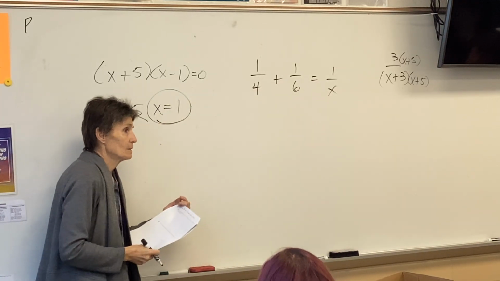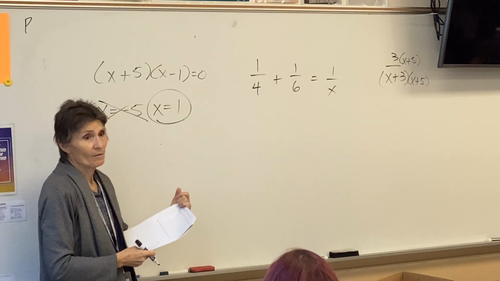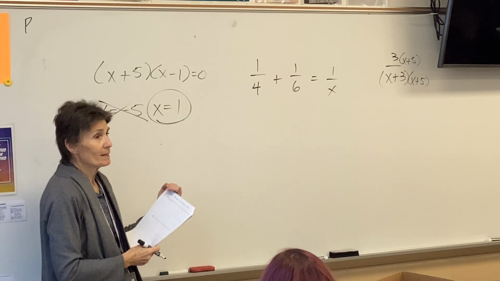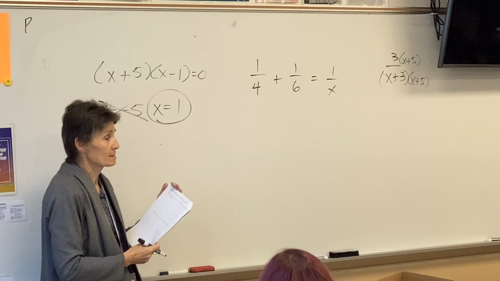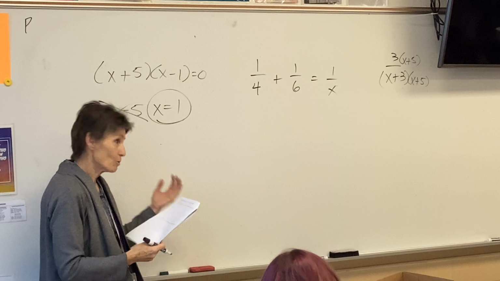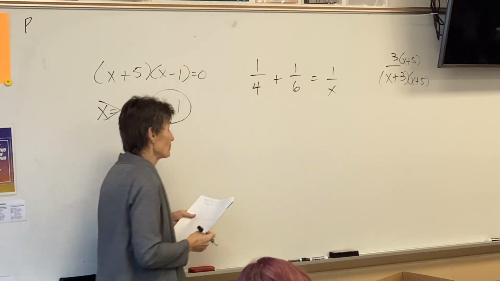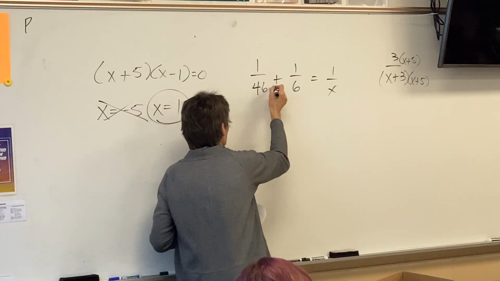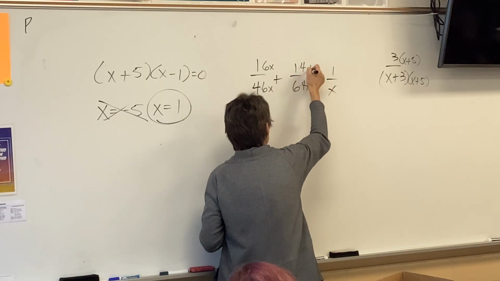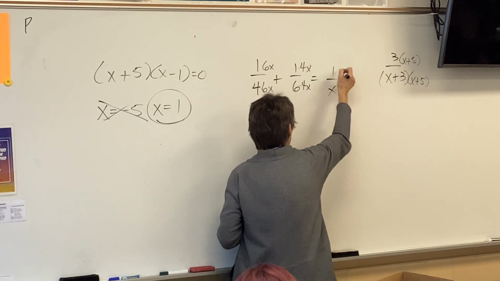Now we're going to make all the denominators match. And you can make them all 12x, or you can make them all 24x, or other things too. I'm going to go ahead and use 24. You can use 12. You have nothing wrong with using 12 at all.